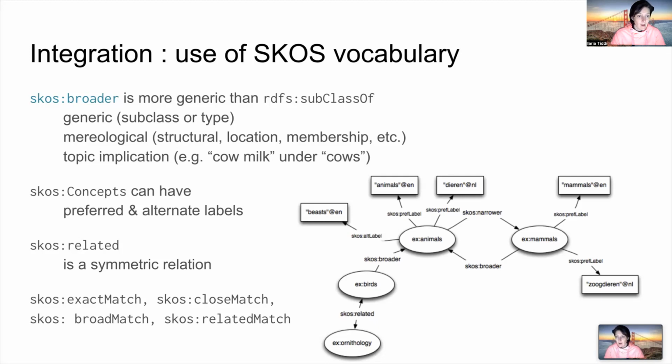So basically, you have a way to express a subclass-of relationship which is less restrictive and more generic. You can do this through the property skos:broader.